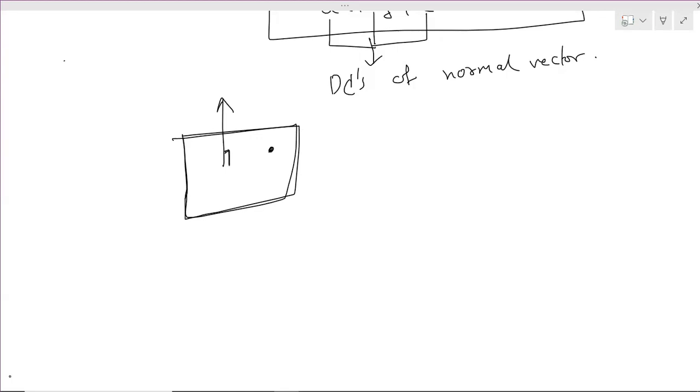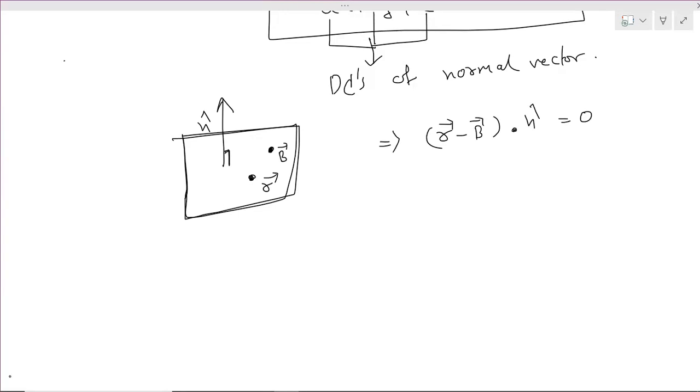If I use vectors and take a random point R, and this is B vector, suppose position vector B, position vector R, and this is n cap. Then can I say R vector minus B vector, if I take dot with n, this will be 0.